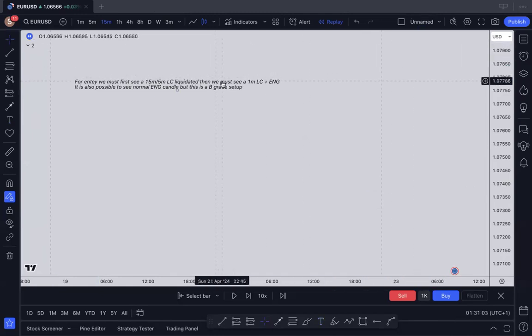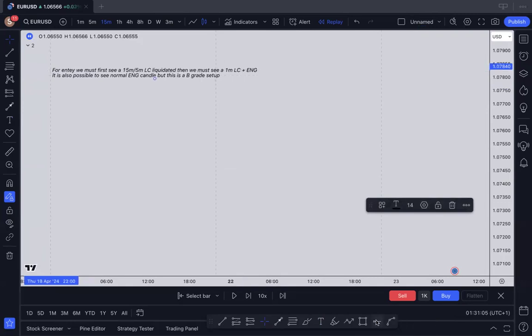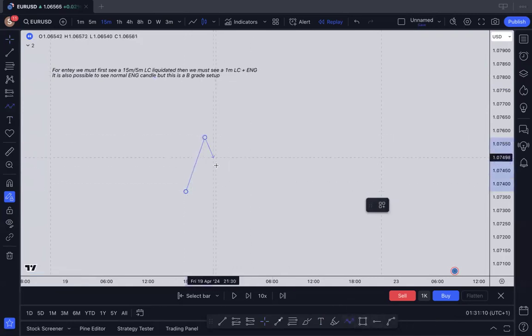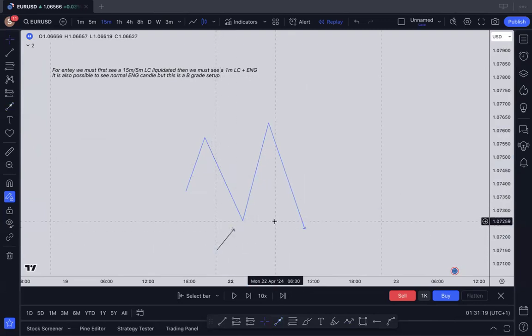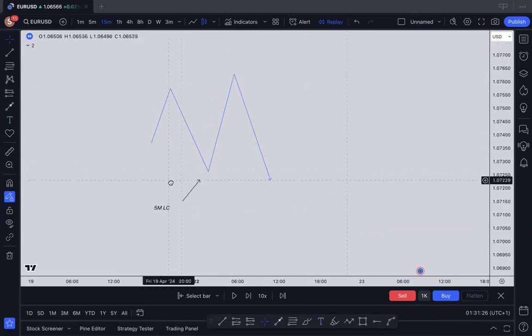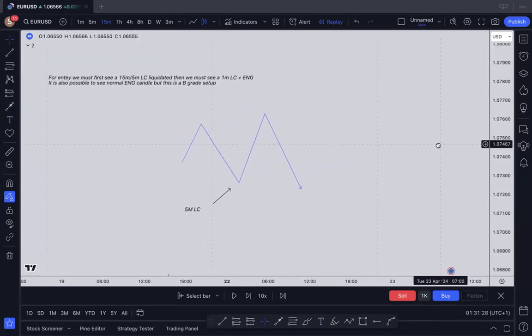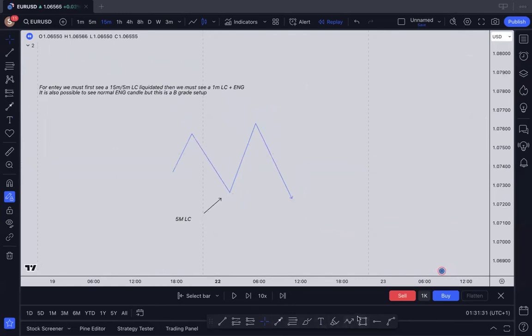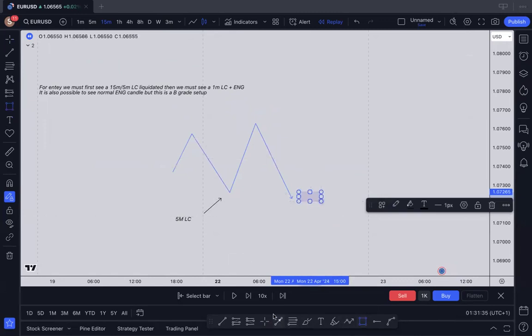Okay, so what do I mean by this? So first of all, we must see a liquidity candle liquidated. So say, for example, we come in here and we see something like this. Okay, this here is a liquidity candle. Say, for example, on the 5M LC. From here, we then must see a candle like this.